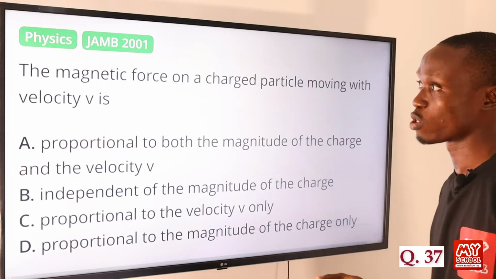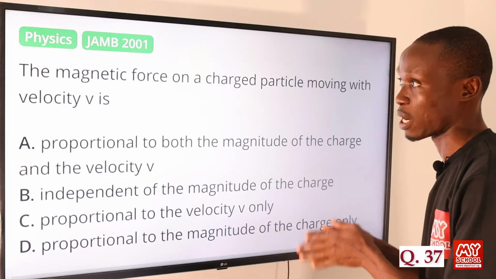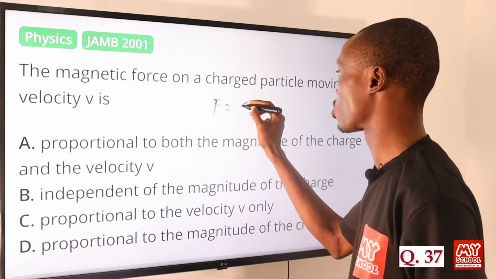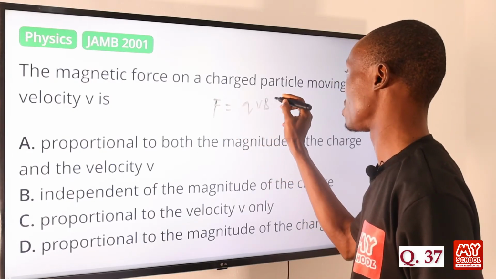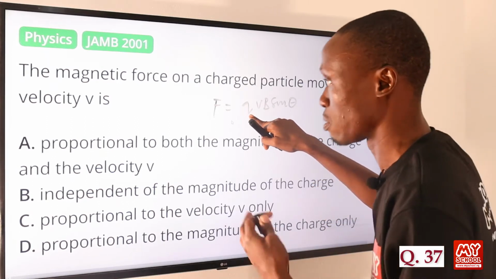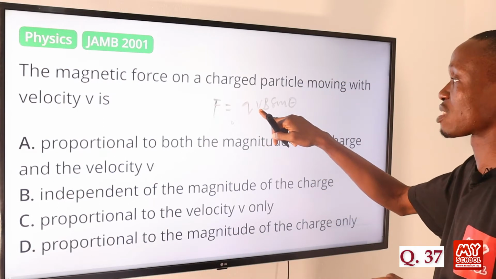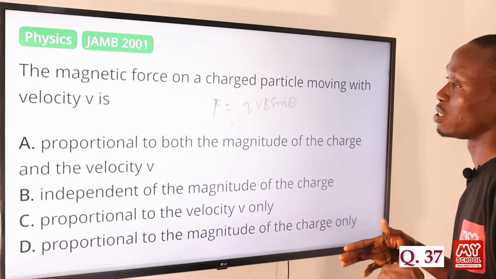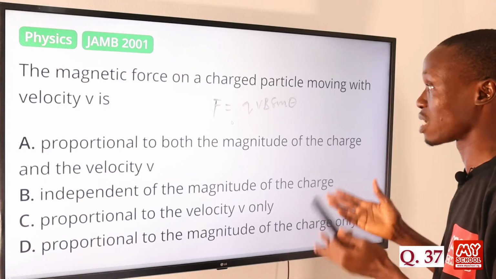So to answer this question, it's proper for us to write the formula for calculating magnetic force, and that is F is equals to QV B sine theta. Where Q here stands for magnitude of charge and V here stands for velocity, while B here stands for the magnetic flux density.